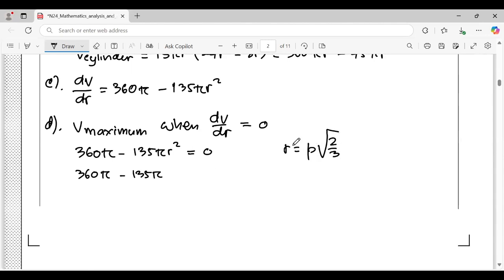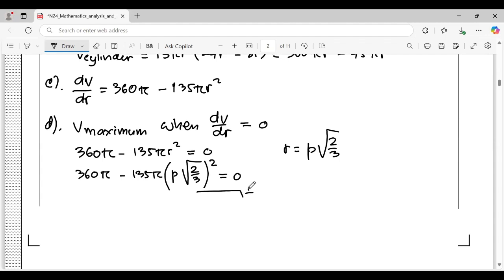So substitute r into this equation: 360 pi minus 135 pi times p squared times 2/3 equals 0.